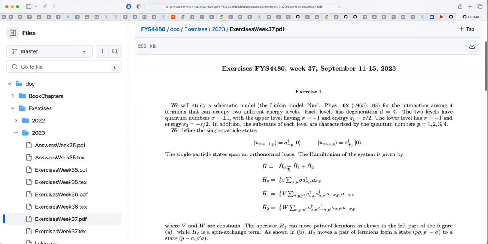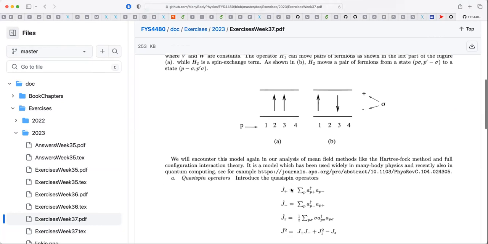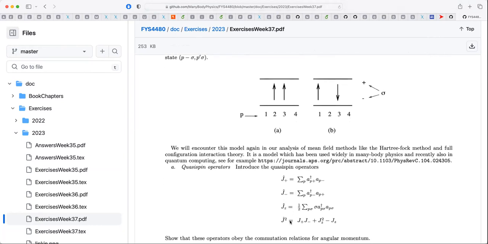So this exercise is about a model which was introduced in the 60s by Lipkin and company. And it is a model with lots of interesting pedagogical features. So one, we can calculate expectation values. We can rewrite the Hamiltonian in terms of the quasi-spin operators, which you see here.